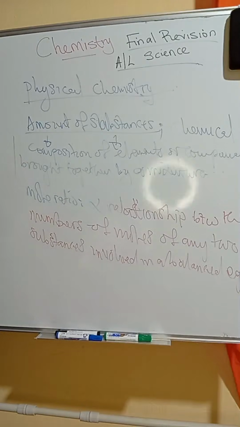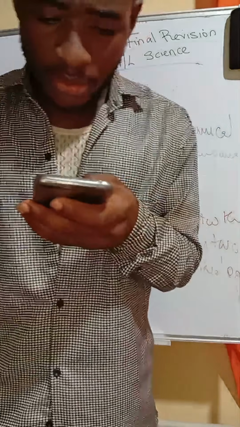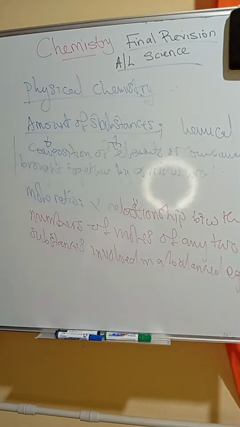Now, the B part of this question says a solution was made by dissolving 9.0 grams of hydrated aluminum sulfate. Most of you don't even know the chemical formula of hydrated aluminum sulfate, and they hardly give it. So I'm going to give you the chemical formula, and you are going to take note of it.